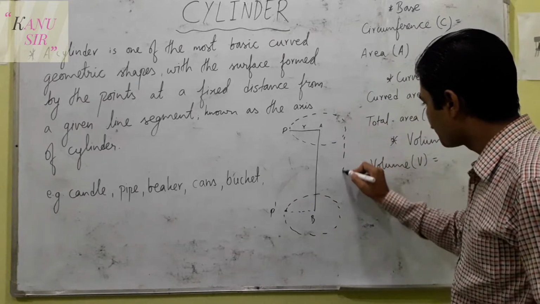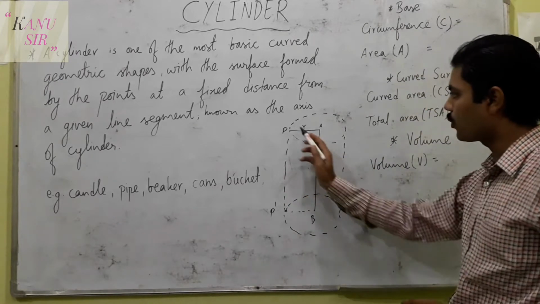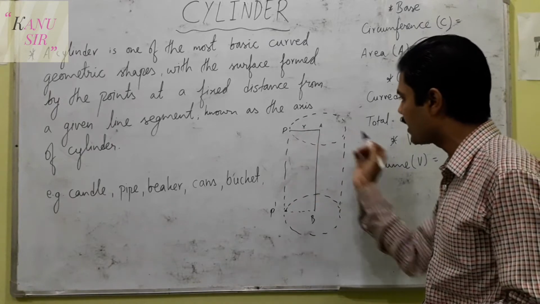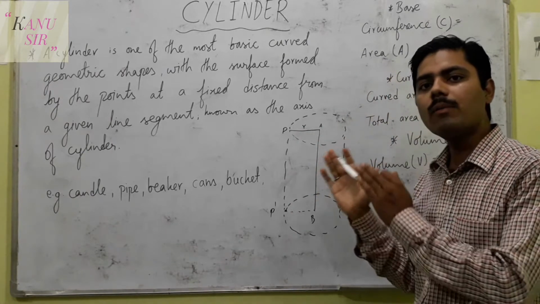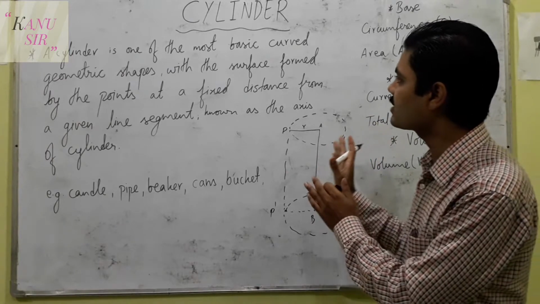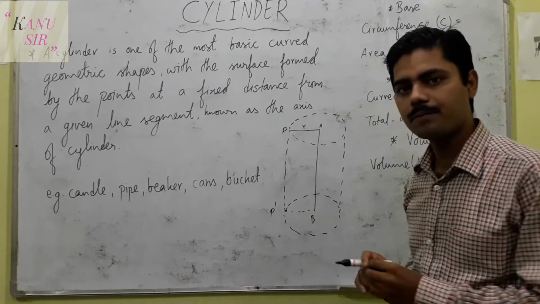Hence the shape formed by the rotation of the points P and P dash around the line segment will produce a geometrical shape, a curved shape, that is called a cylinder.